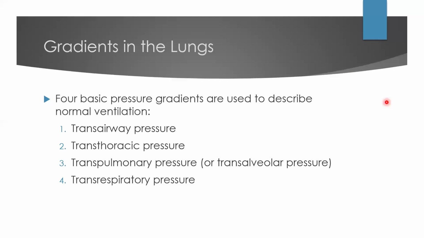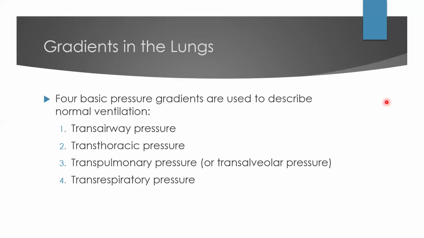So now we are discussing the pressure gradients. For any flow to happen in ventilation, we are discussing the air flow. So for the flow of air to happen, there should be a gradient. If the two pressures at the two ends are equal, there will not be any flow.